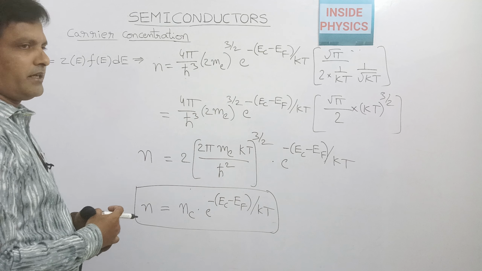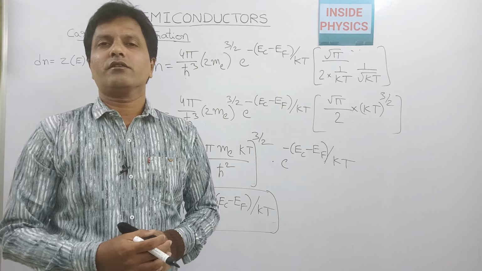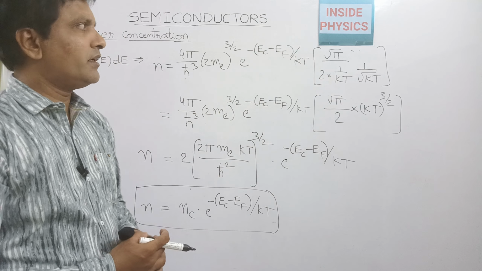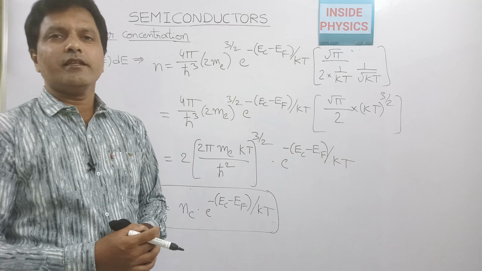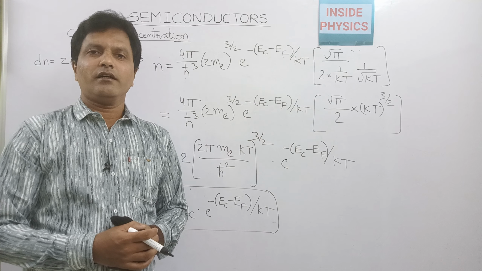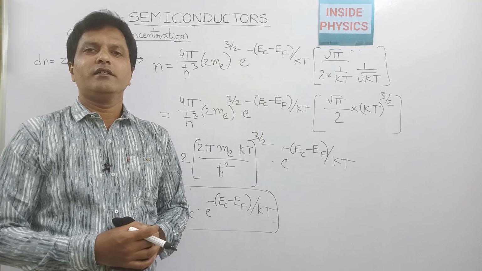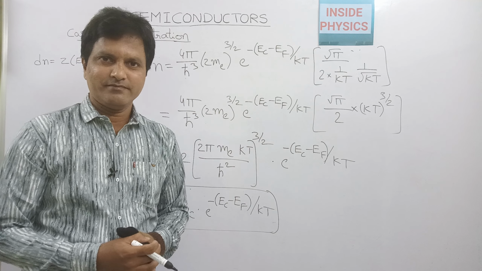This is also called carrier concentration, as the electrons and holes are the carriers in semiconductors. In the next session we will calculate the hole density, as the holes are also one of the charge carriers. Okay, thank you.